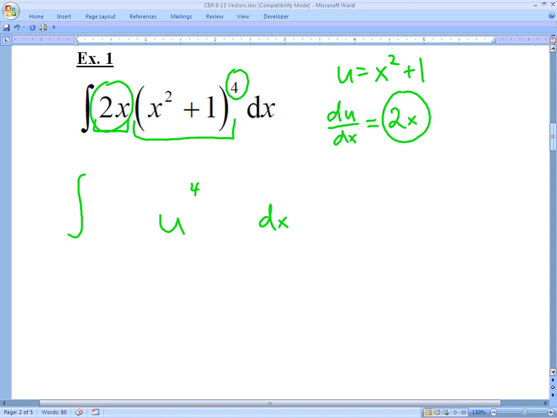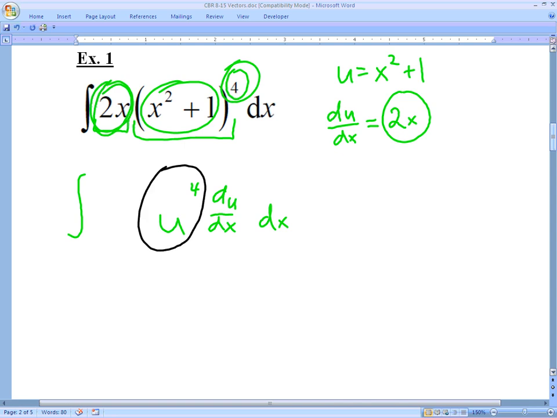So instead of writing the 2x here, I'm going to do a direct substitution and replace it with du dx. So I have all this, which was my u, getting raised to the fourth power, and I wrote that right here. Then I also had it getting multiplied by 2x, but I know that 2x is equal to the derivative of u in terms of x, so I wrote that down as a direct replacement as well.